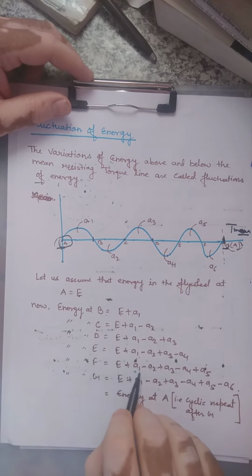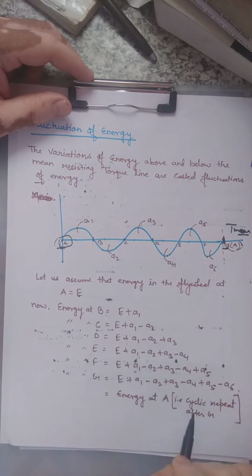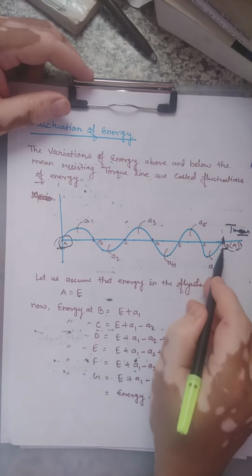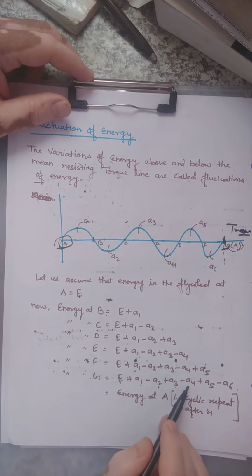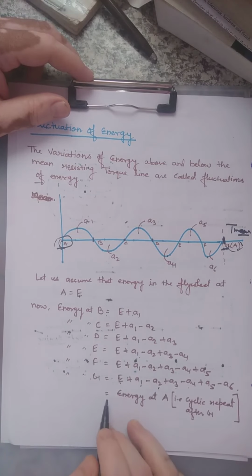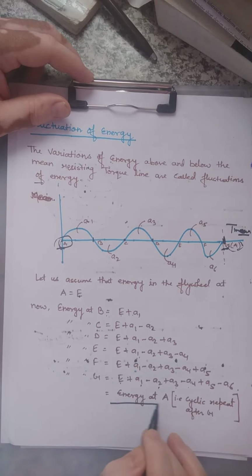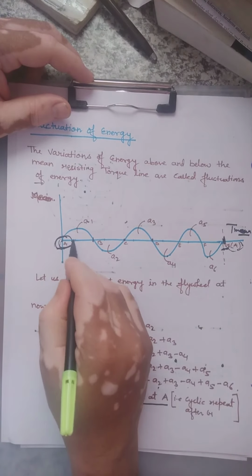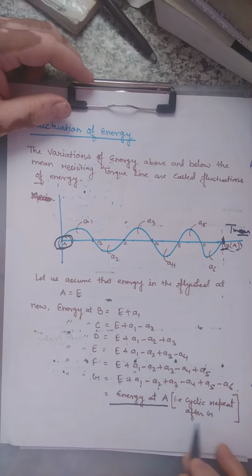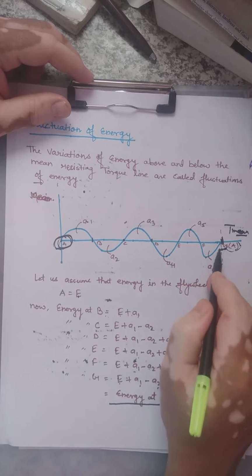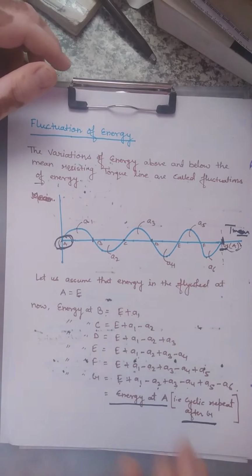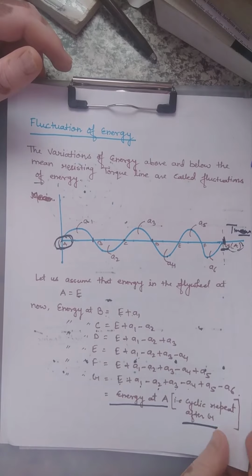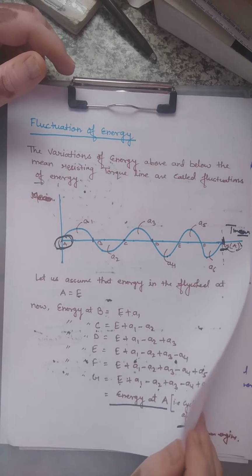At F, E plus A1 minus A2 plus A3 minus A4 plus A5. And at G, E plus A1 minus A2 plus A3 minus A4 plus A5 minus A6, which is also equal to the energy at A, our initial state. The cycle repeats itself after G, it goes on in a cyclic process, the fluctuation of energy goes on, and we have to study the fluctuation.